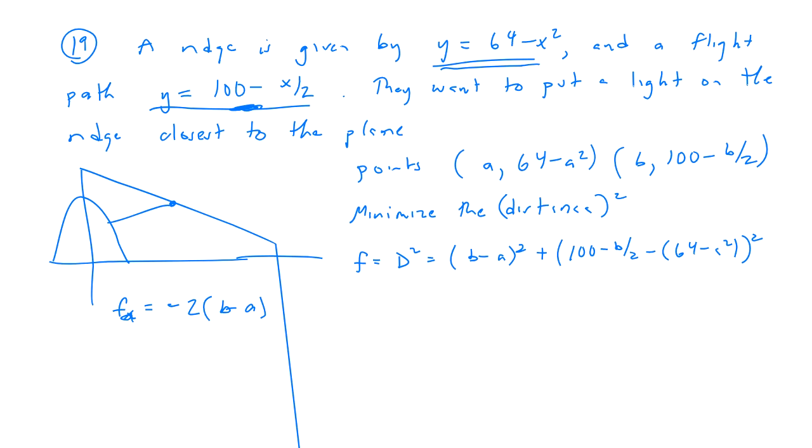And then plus, this time I'm not sure why I'm doing it this way, not the other one, 2 times the whole thing on the side, which is something that's simplified, the 100 minus 64. So I'm going to get that.